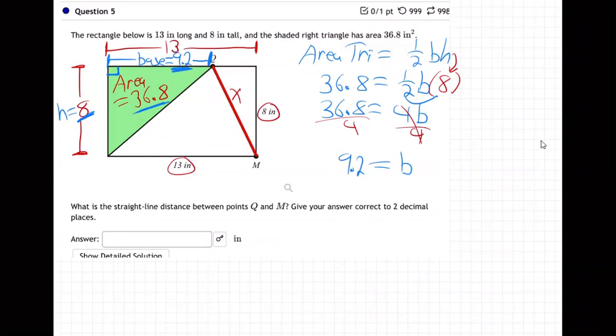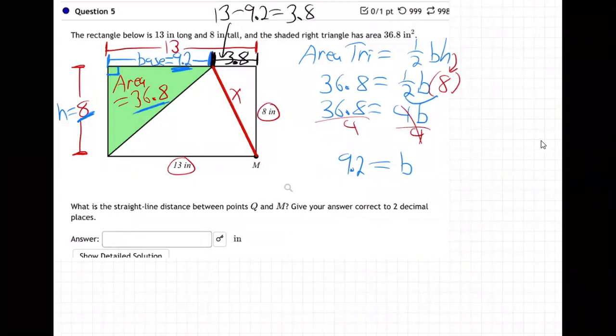Okay, so what? Well, now I can get this little part on the right, from here to here. That's got to be 13 minus 9.2, doesn't it? Which is 3.8. This right here has got to be 3.8.